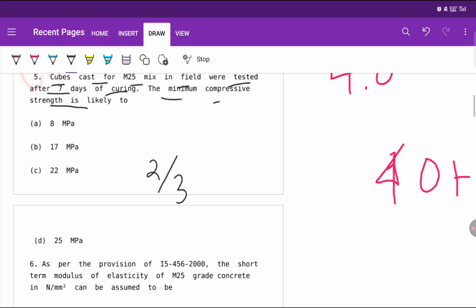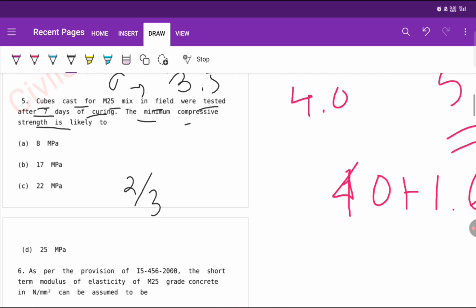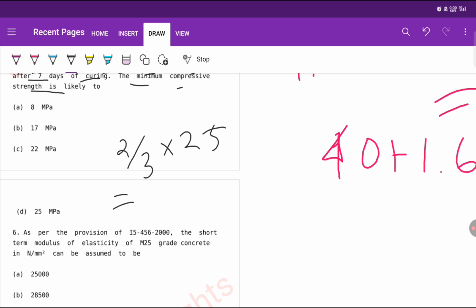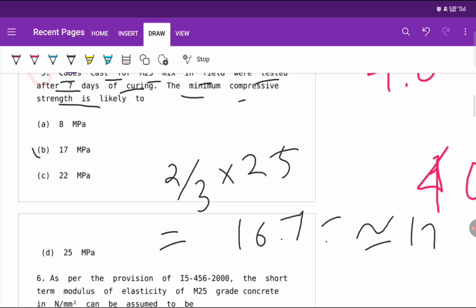At 7 days we get 2/3. So 2/3 of 25 will be 16.7 megapascal, which is nearly equal to 17. So option B is the correct answer.